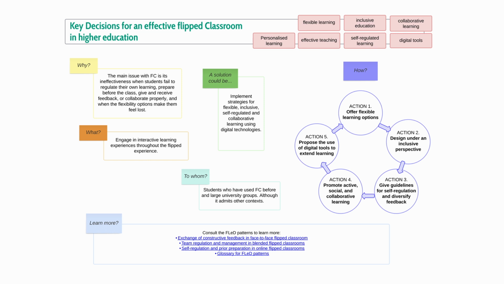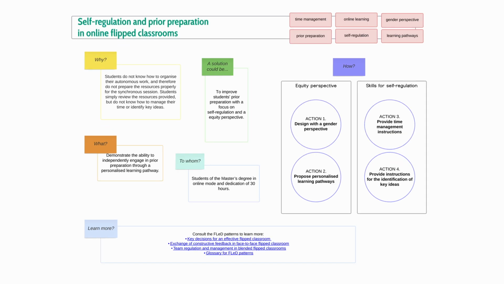Here are some infographics on patterns that will be useful as a reference point in designing your future flexible learning scenarios. The first one summarizes the key decisions for an effective flipped classroom in higher education. The second one regards self-regulation.